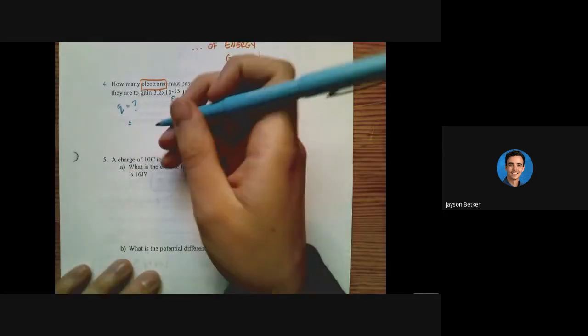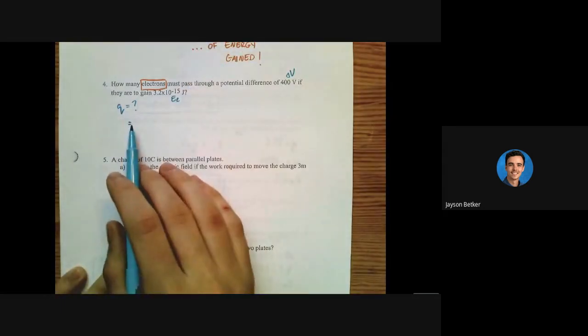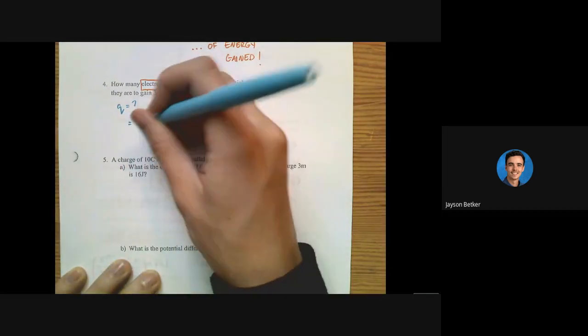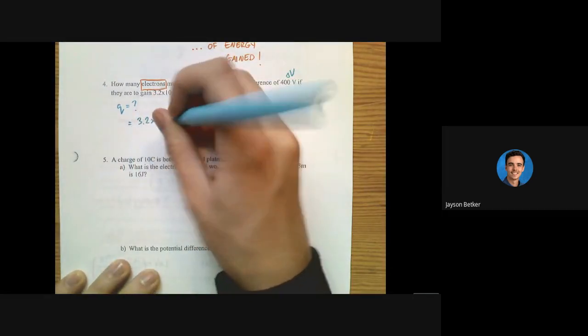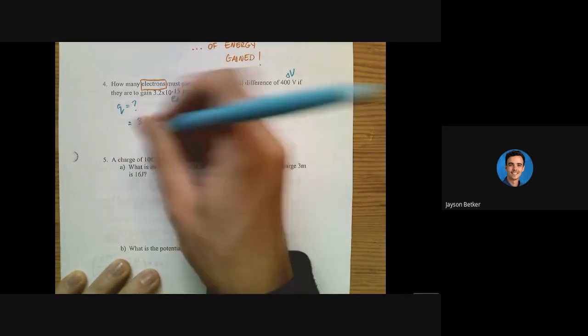So I'll show you. If I'm going to calculate right now how many electrons were gained or lost, we're gaining energy, right? So, yeah, this is perfect. Let's break down what we've got here. We have electric potential energy. We gained 3.2 times 10 to the negative 15 joules.